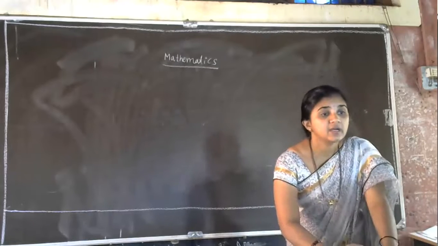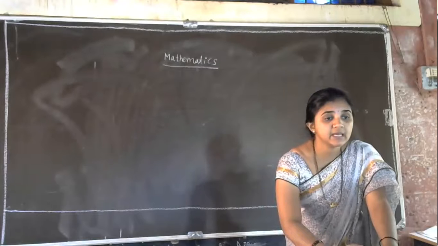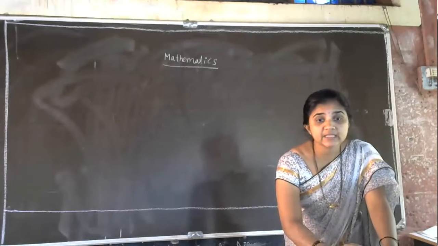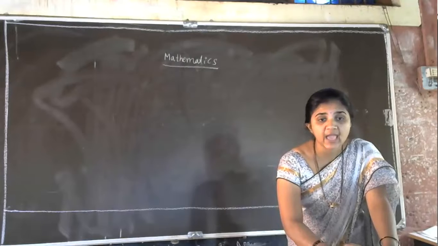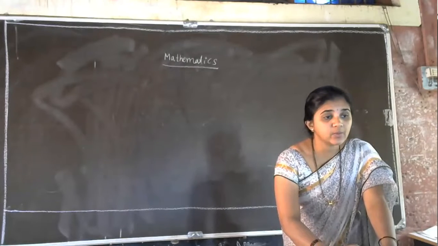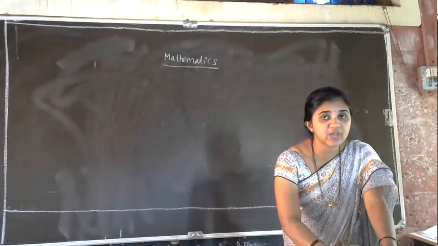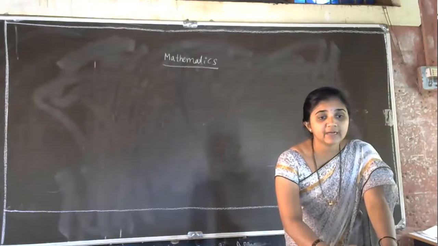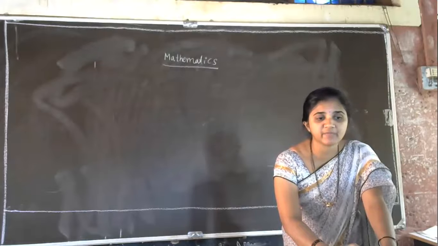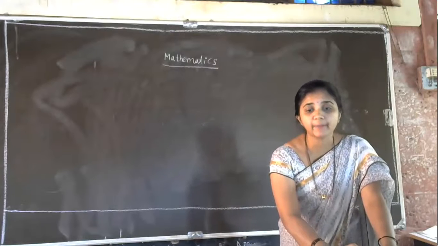Okay, here in triangle ABC, AB divided by RQ. That is equal to the AB measurement, 3.8, divided by the RQ measurement, 7.6. After simplification, what will you get? 1 by 2.